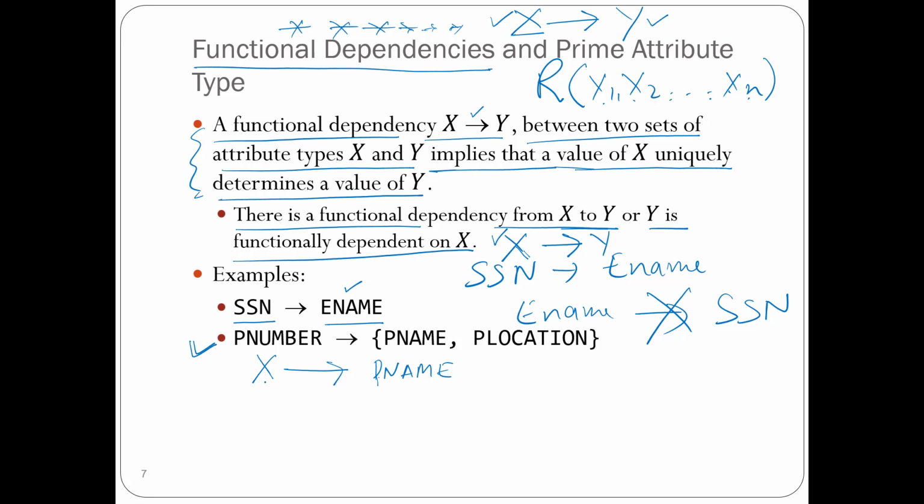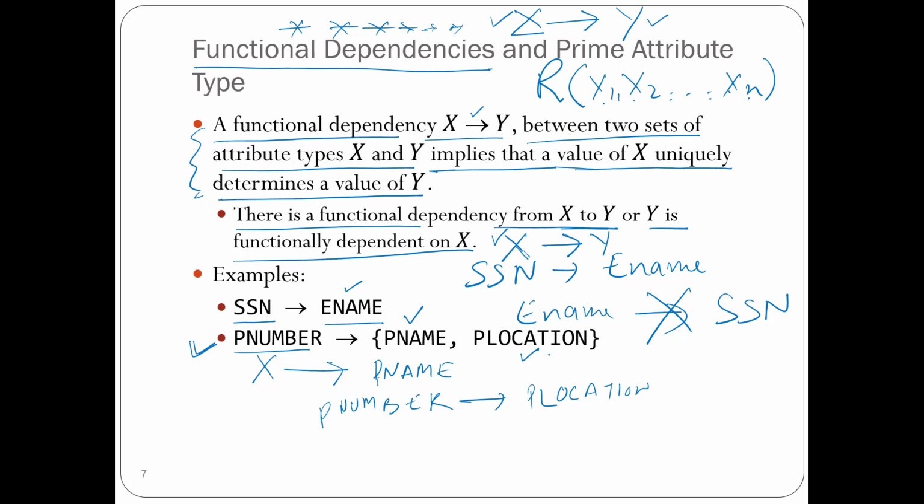So given the project number, you will know the project name. Similarly, given the project number, X is your project number, P number, if you give me the project number, I'll tell you the project location. Here again we have the functional dependency.